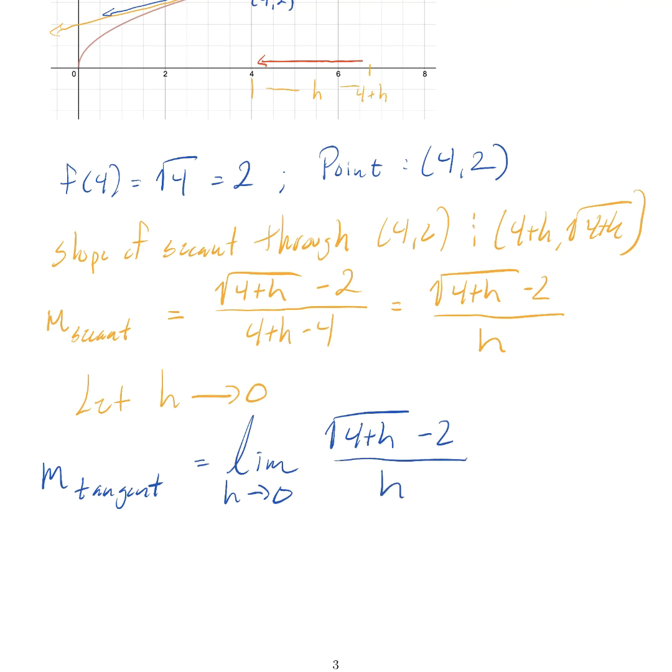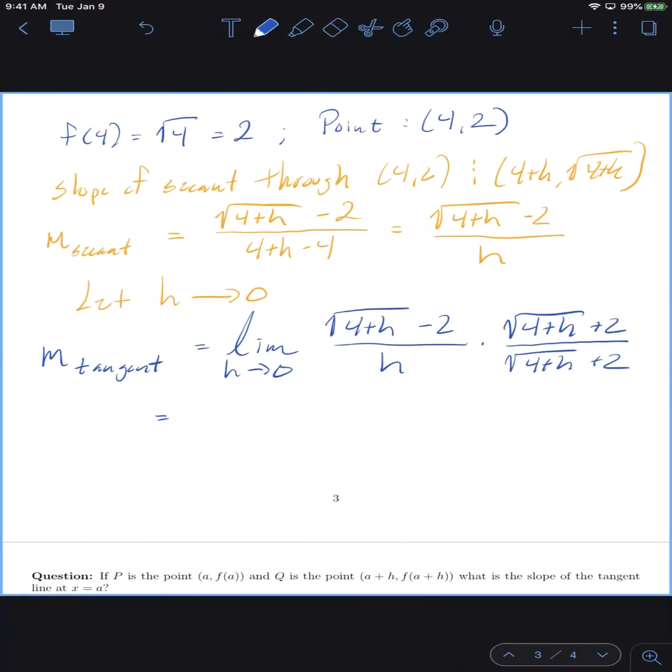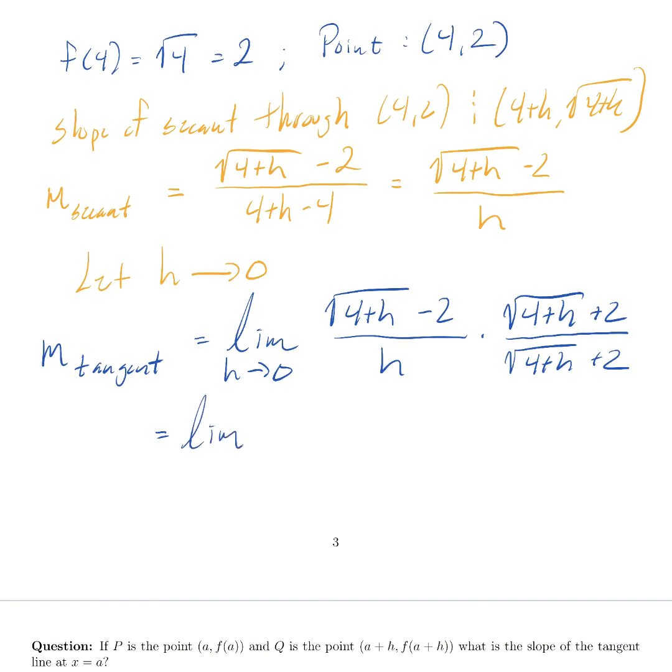Okay, another limit we can handle. We saw limits similar to this, and we'll need to multiply by 1 in this fashion, square root of 4 plus h plus 2 over the square root of 4 plus h plus 2. And I'm going to do the algebra quickly. This is the limit as h approaches 0. We're going to get 4 plus h minus 4 in the numerator.